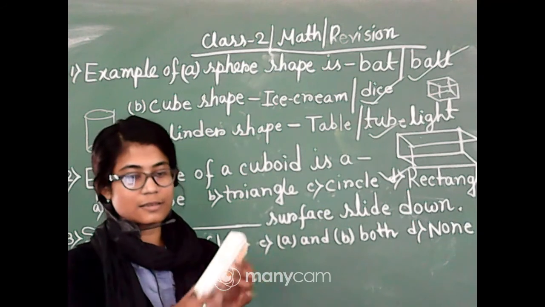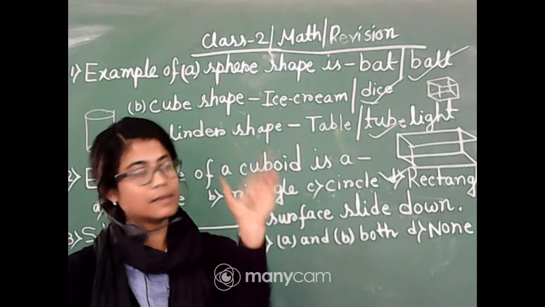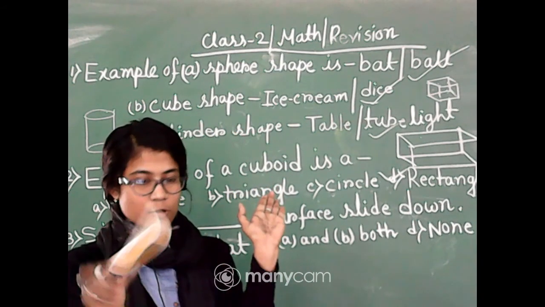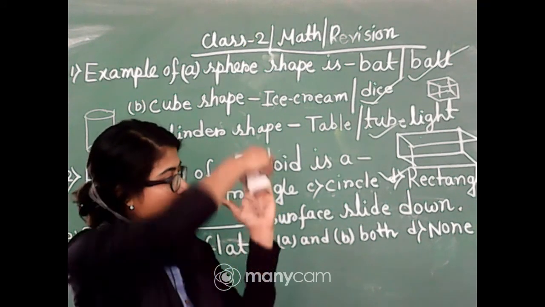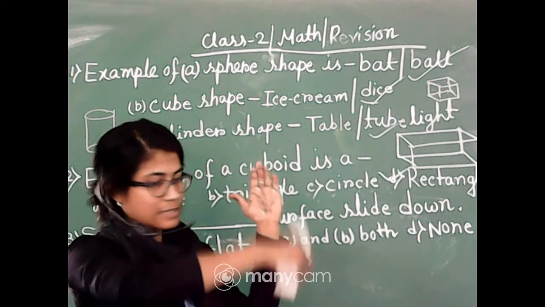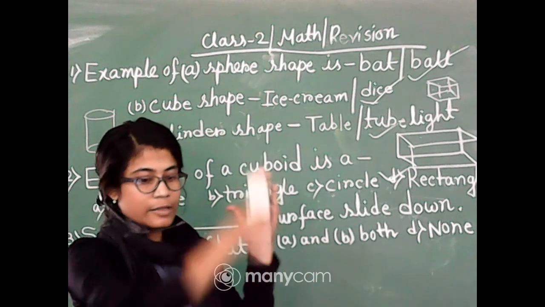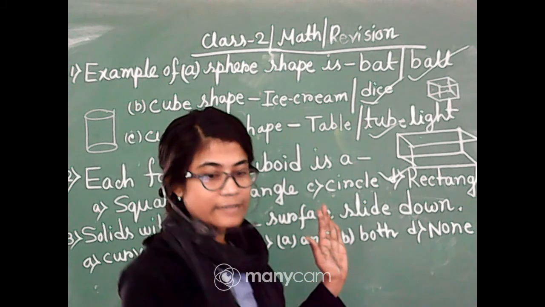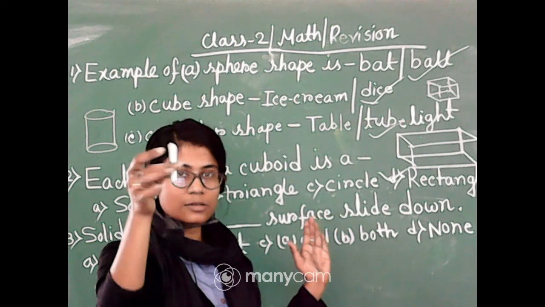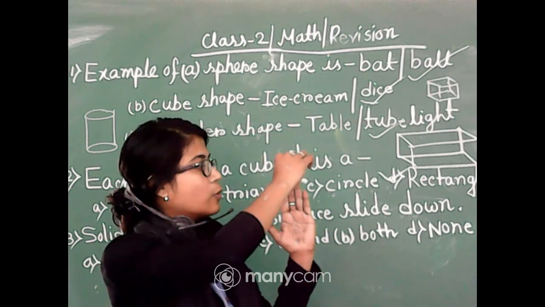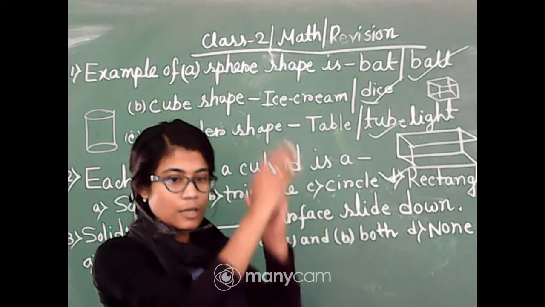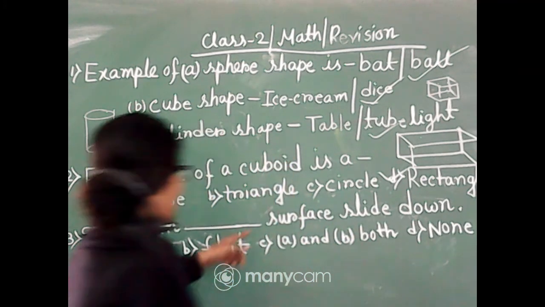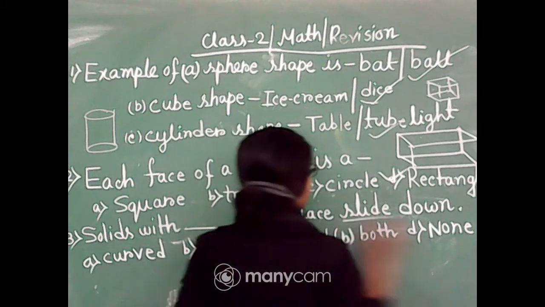See, if this is my hand and I want to make this duster slide, meaning slip, I have to hold it like this, isn't it? But if I take this round circular chalk and put it, it will not slip, it will roll down, isn't it? It will roll down, but here they are asking slide down.